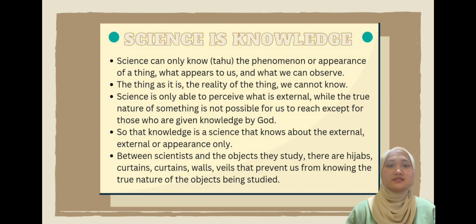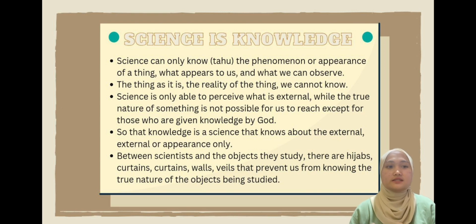Reality that is impossible to know. Science can only know the phenomena or appearance of a thing, what appears to us, what we can observe. The thing as it is, the reality of the thing, we cannot know. Science is only able to perceive what is external, while the true nature of something is not possible for us to reach except for those who are given knowledge by God.